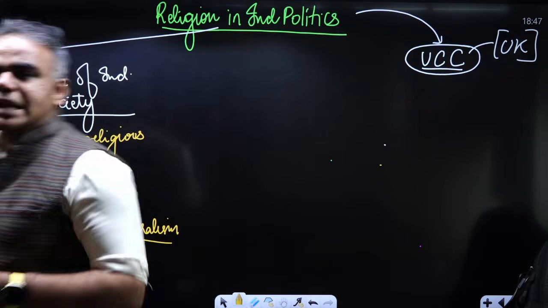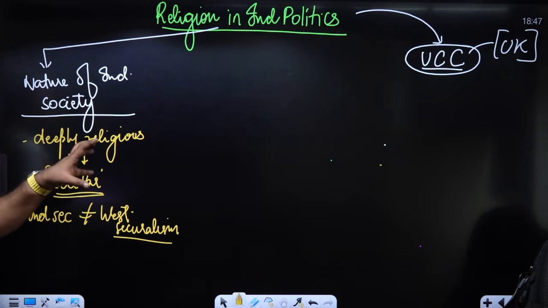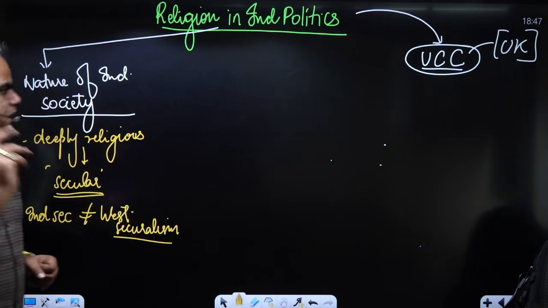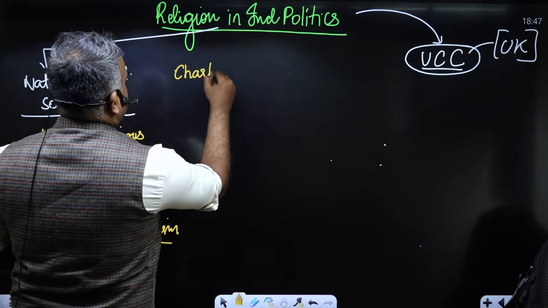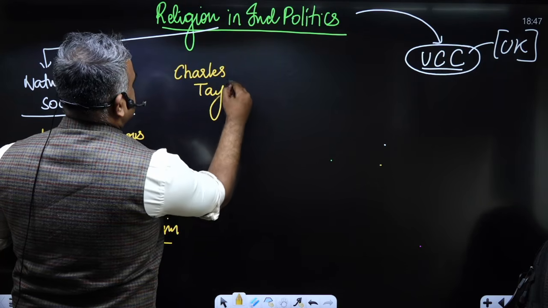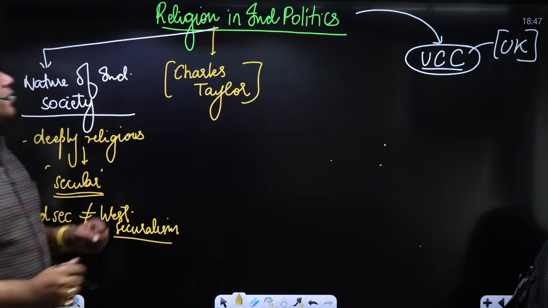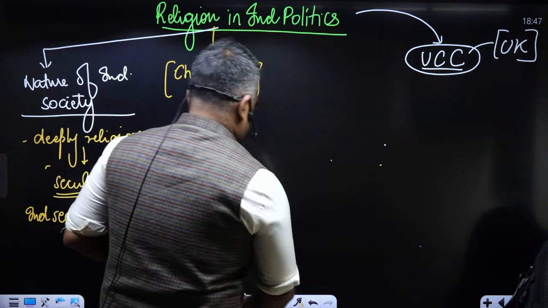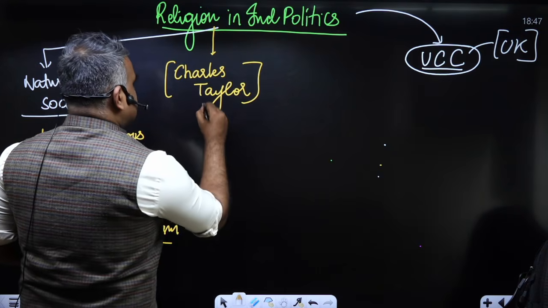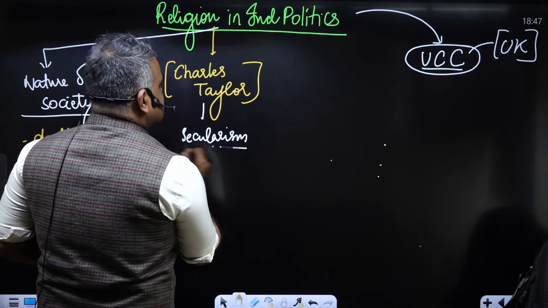So when we are looking at the nature of Indian society, what do we see here? That while the society is religious, it has adopted secularism. Okay? And here it is very important to understand. I'll quote Charles Taylor here, a very important personality with respect to the commentaries on religion. Charles Taylor simply says that secularism is essential.